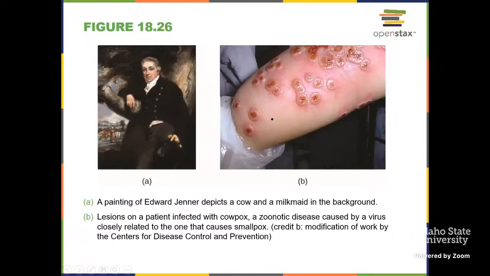So that's the story I've heard, and I think that's probably more accurate. So he went and got himself a boy from the orphanage, and he inoculated him with some cowpox. And after a couple of weeks or a month, whatever it was, a little bit of time, he exposed him to smallpox. Fortunately, he didn't develop smallpox.